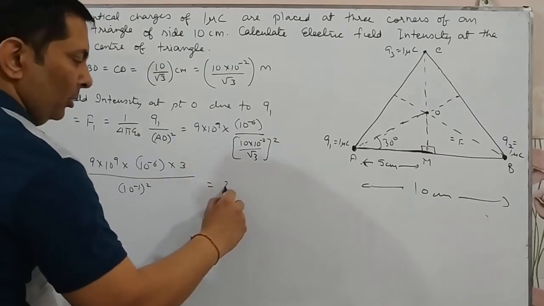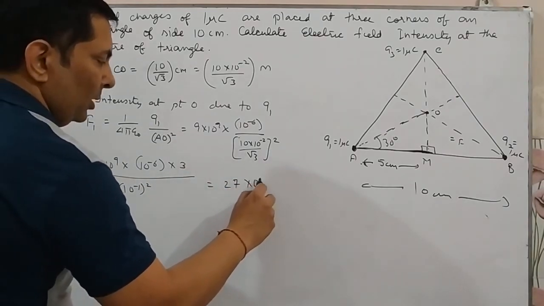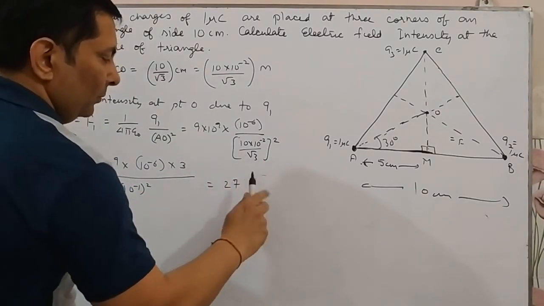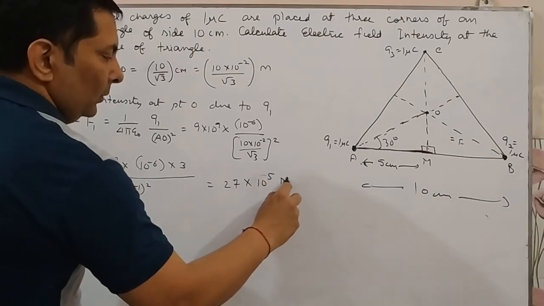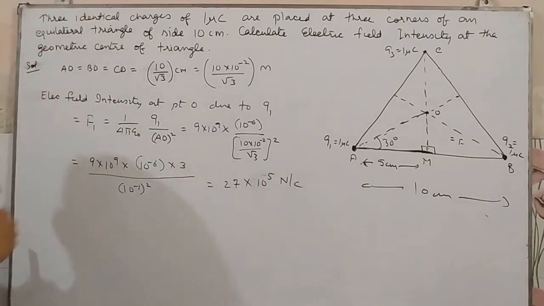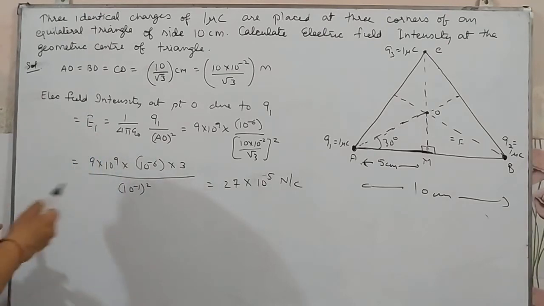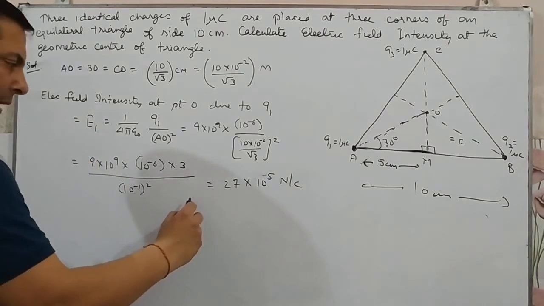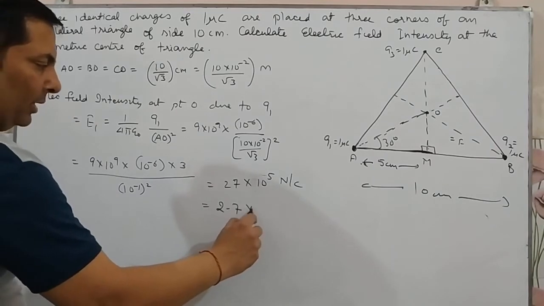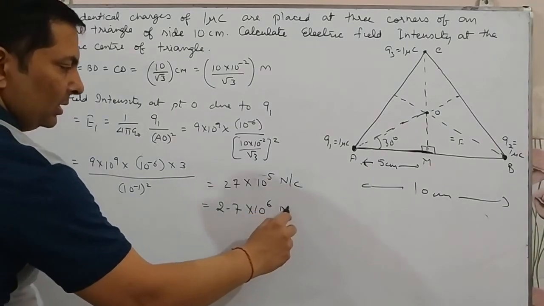This result comes out to 27 into 10 raised to power 5 Newton per coulomb. Sorry, this is E1, which is equal to 2.7 into 10 raised to power 6 Newton per coulomb.